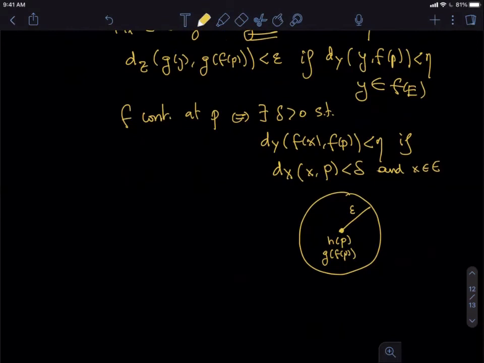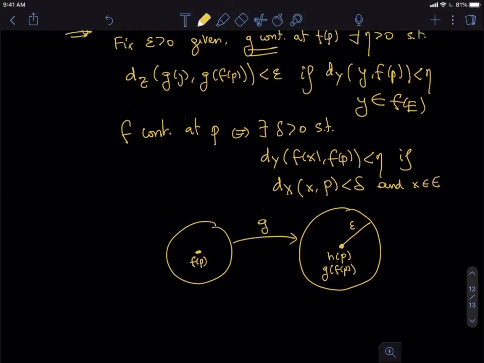And the continuity of g, sorry, because g is applied second, is saying that as long as we have points y that are within a radius of eta from f of p, the images, wherever they land, that will be g of y, they are going to be within a distance of epsilon from g of f of p.